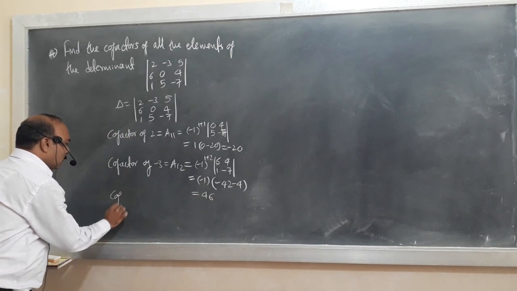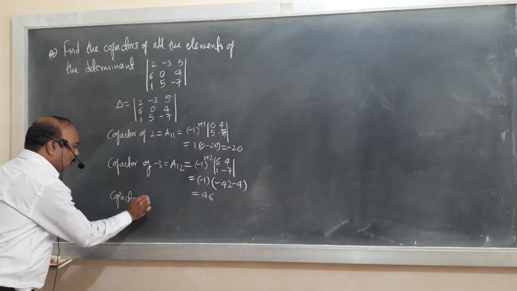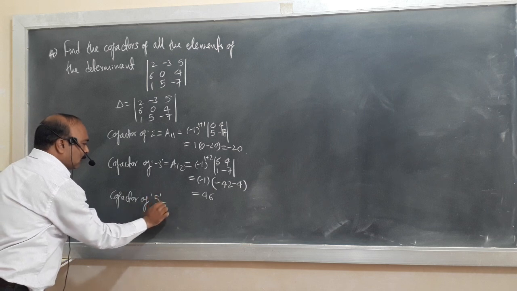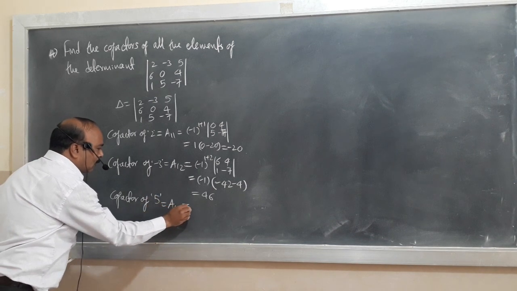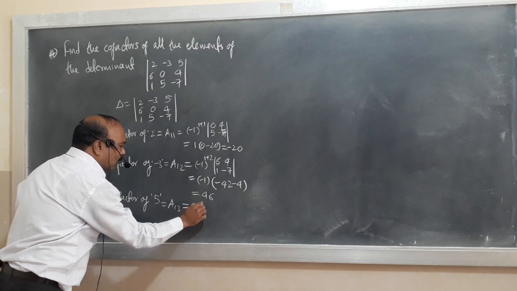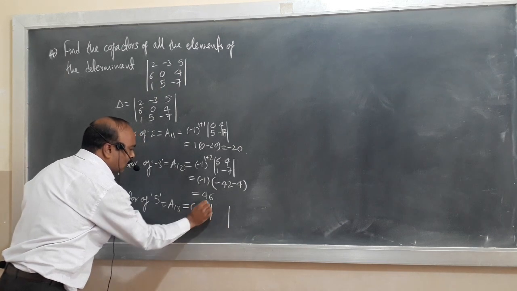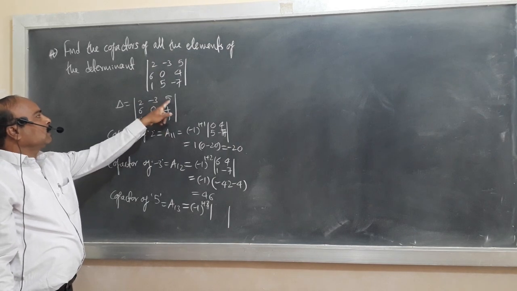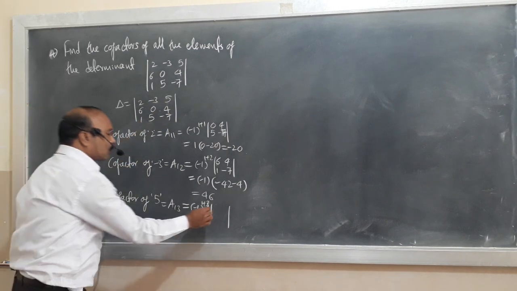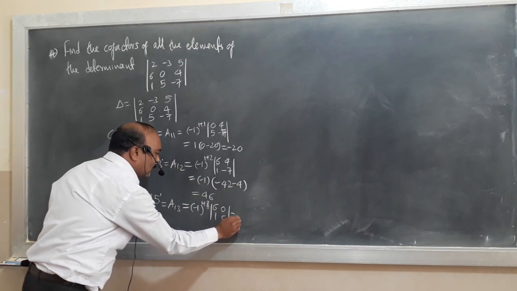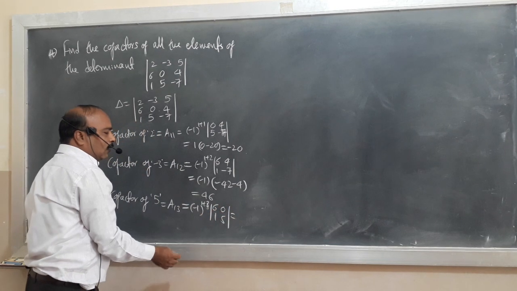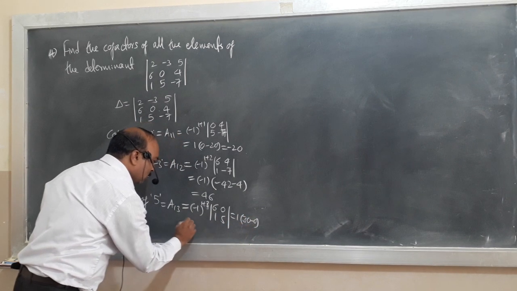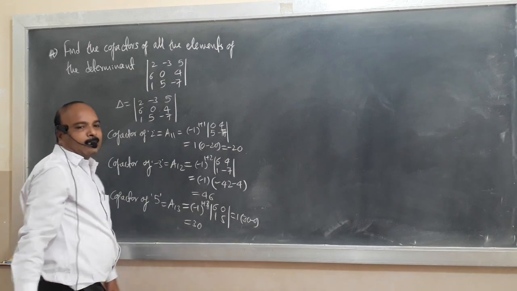Next, the cofactor of the next element, 5. It is a13. It is (-1) power 1+3 into the minor. For this, we delete this column and this row, we get 6, 0; 1, 5. So this is equal to (-1) power 4, which is 1, into 6 times 5 is 30, minus 0. So this is equal to 30.